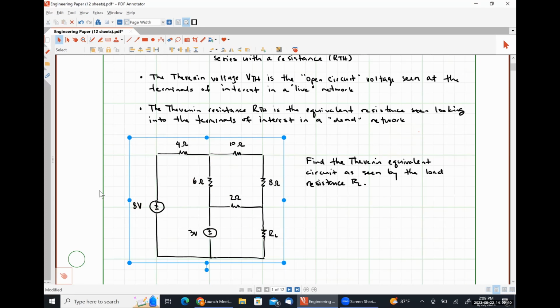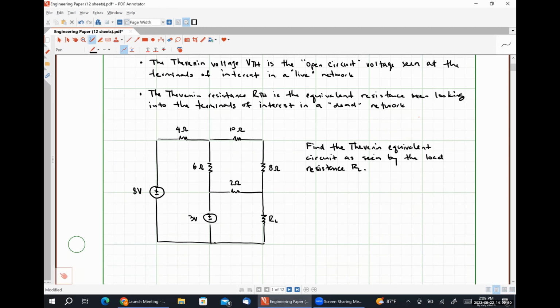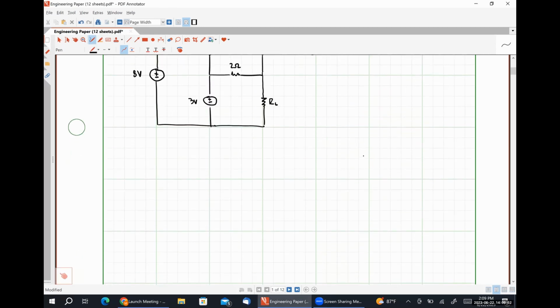I'm just going to press Control C and then go back to my bedroom. So the first thing that we're going to do is we are going to find our Thevenin voltage VTH.